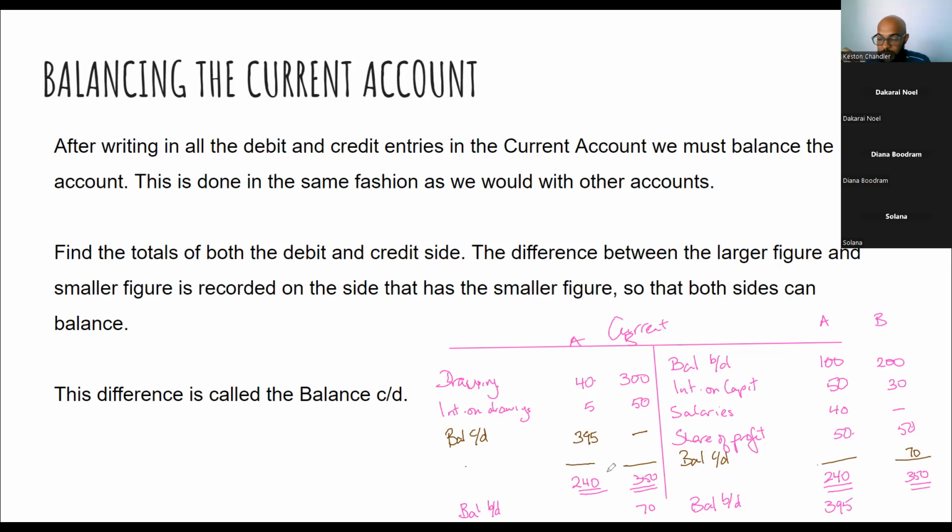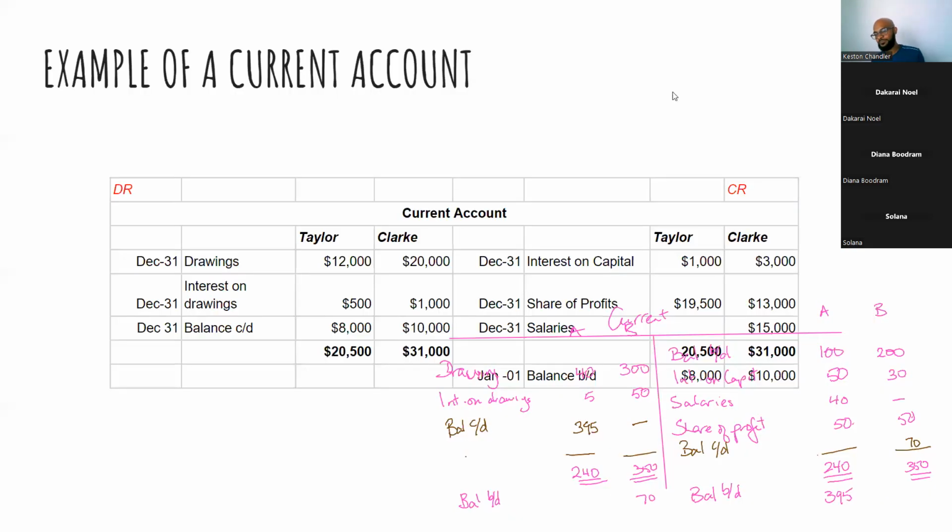See how important the current account is? The side that the balance brought down is on helps us to determine when a partner is crippling the business, so to speak. They're taking too much out than is coming in. So this is how you balance the accounts, and this is how you can identify where a partner is taking more than they ought to or they need to.